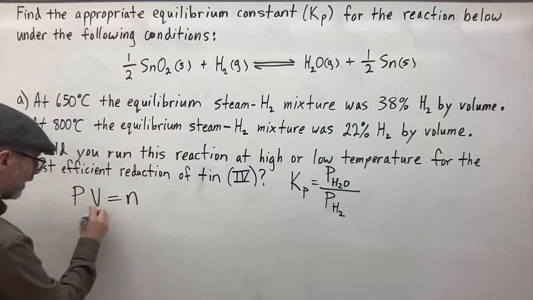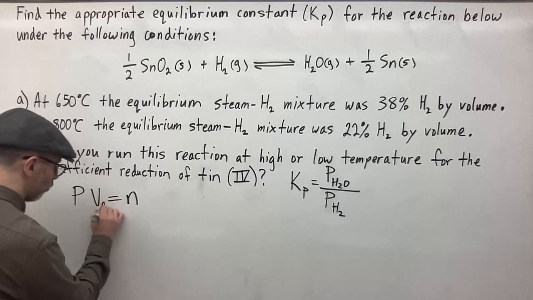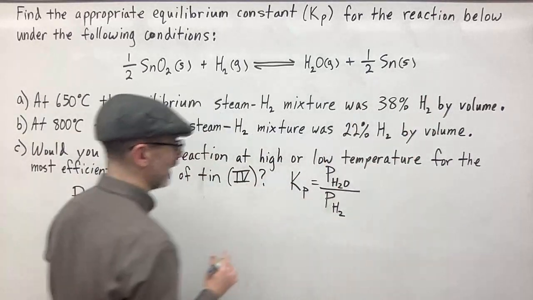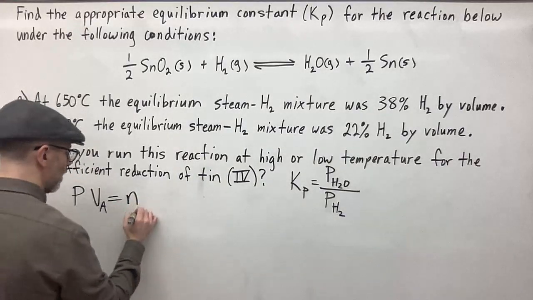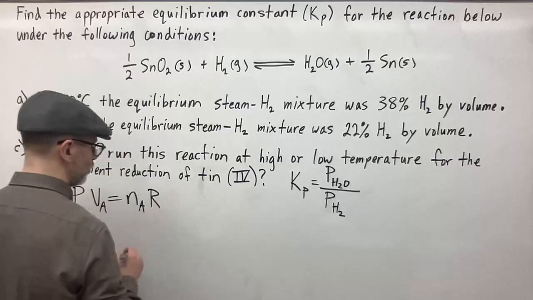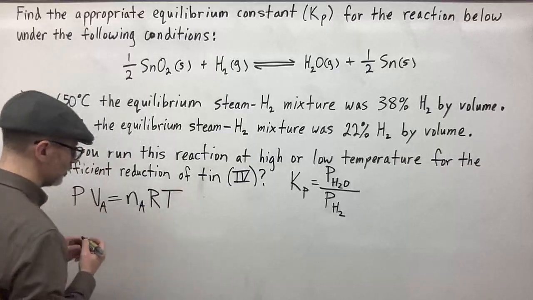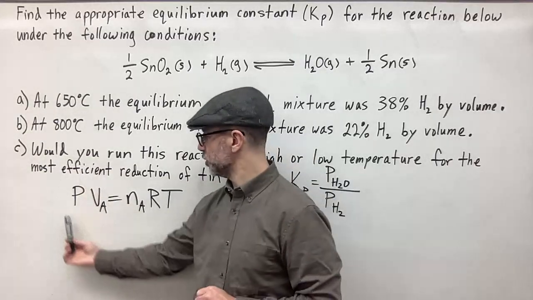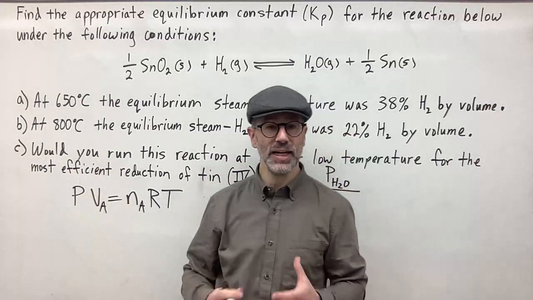So here we're going to look at volume A. We're going to look at the ratio of the volume, to see how the volumes relate to the other parts. So we have the moles of A, times R, which is a constant, times temperature, which is a constant. So here, we're going to assume that pressure is a constant, right?